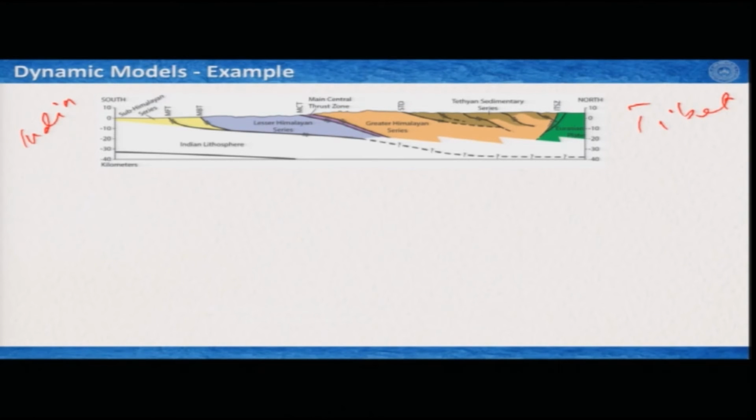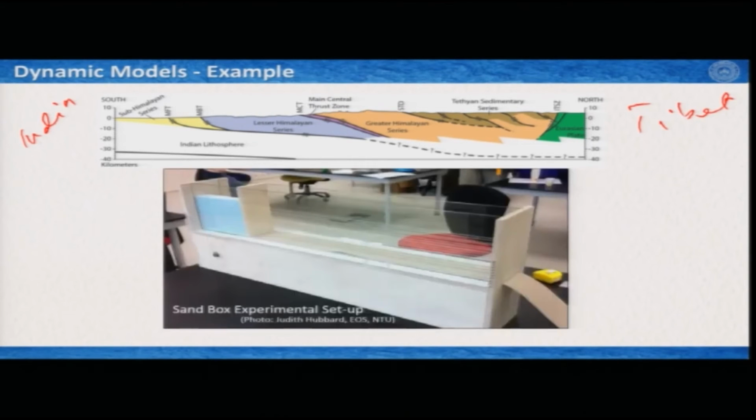Now, to understand how this entire process happened, one can perform a dynamic model by conducting a sandbox experiment. A sandbox experiment is a very simple experiment which is scaled down from nature. This is a typical sandbox.